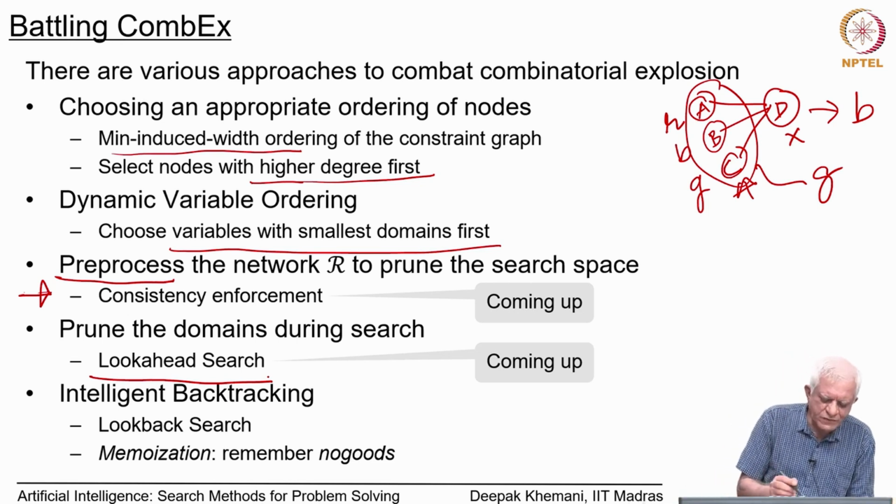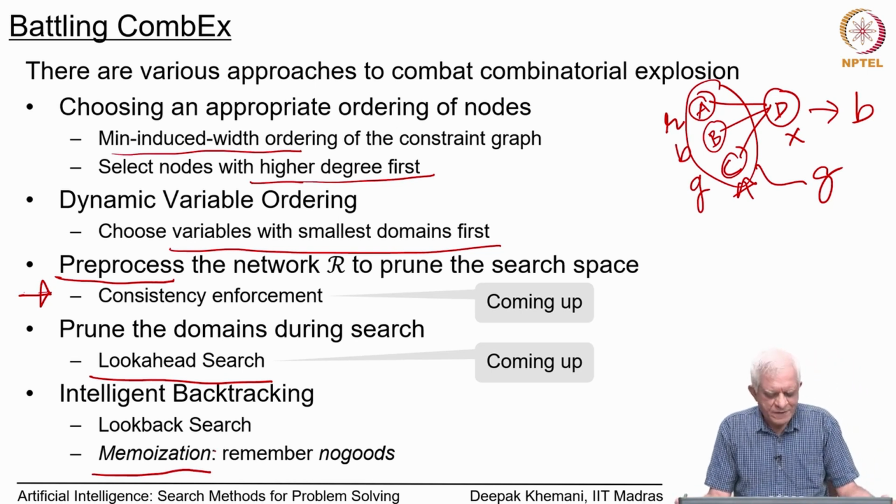And another thing we use to fight this combinatorial monster is something called memoization. The idea of memoization is to remember certain things which do not work. So, at some point when you reach a dead end, you remember that this combination of values or this assignment cannot lead to a solution.